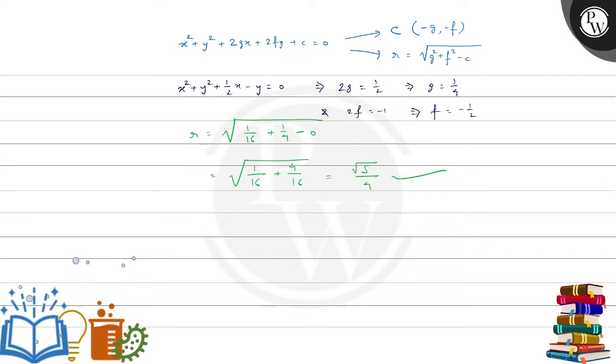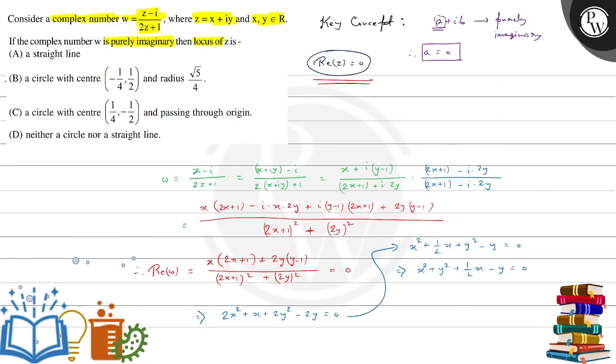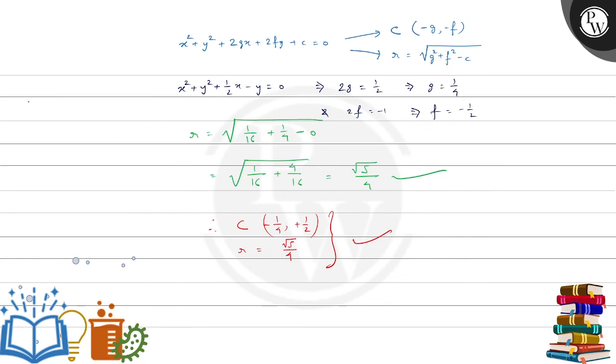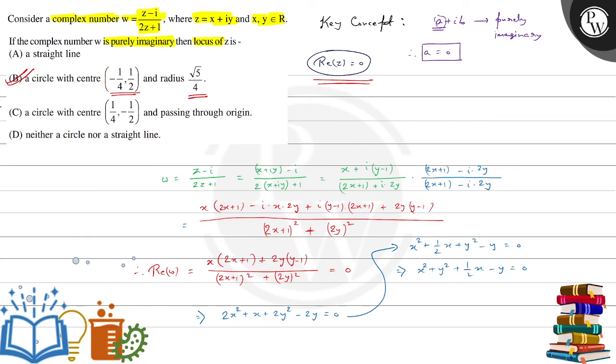Quite clearly हमें दिख रहा है कि ये एक सर्कल होगा जिसका सेंटर होगा minus g, मतलब minus 1/4, comma, minus f, मतलब plus half. Also इस सर्कल का रेडियस हो जाएगा root 5 divided by 4 units. अब हम लोग देखेंगे ये आंसर ये ऑप्शन दिया हुआ है कि नहीं. And obviously the second option, you can see option B, a circle with center (minus 1/4, half), जो हमें मिल चुका है. Also the radius is root 5 by 4 units. Therefore, option B is the correct answer to this question.